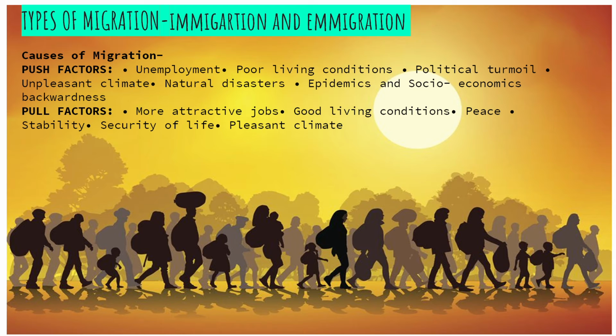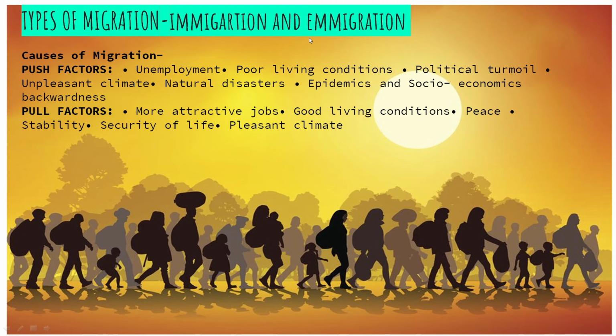If people are going from India to Australia, then from India it was emigration. To Australia, it was immigration. So please remember IMI and EMI with I and E and explain in exam. When people come towards a country, it's called immigration. When people leave a country, it's called emigration.